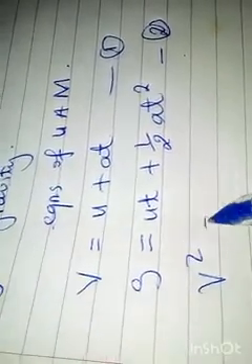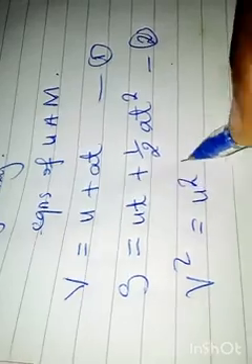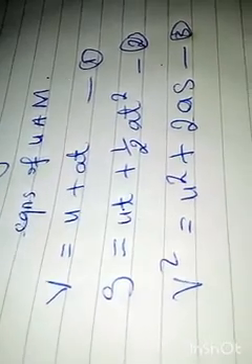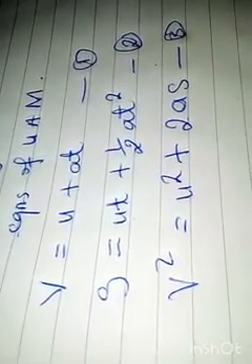And finally, V squared is equal to U squared plus 2AS. Equation 3. So, hi guys, these are the three equations of uniformly accelerated motion.